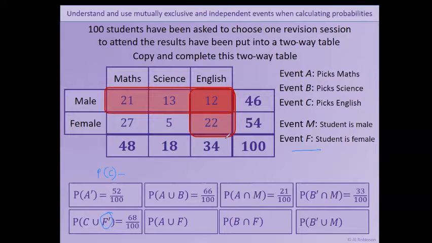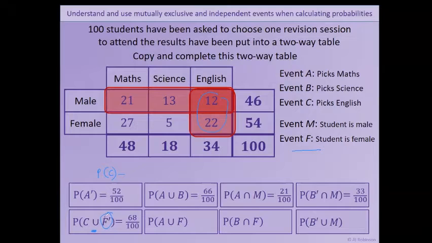And where does that coincide with here? I would have thought it was 12 out of 100. Oh, it's the union. It's not the intersect, it's the union. So it's all of them added together, because it's the union. So it's the union of all the students who study English. So that's everyone that studies English, okay?